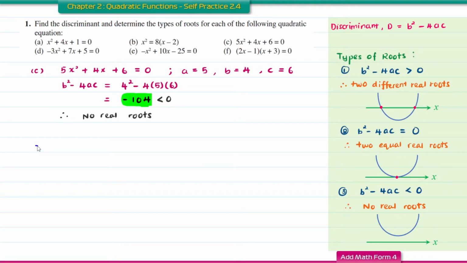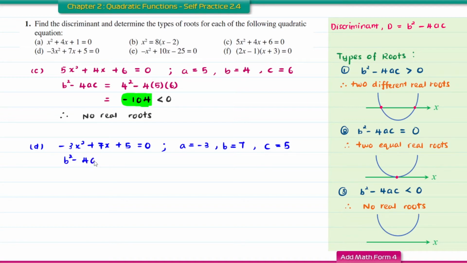Now let us move to question D. Negative 3x squared plus 7x plus 5 equal to 0. So this is also written in general form. So a is equal to negative 3, b is 7, and c is 5.